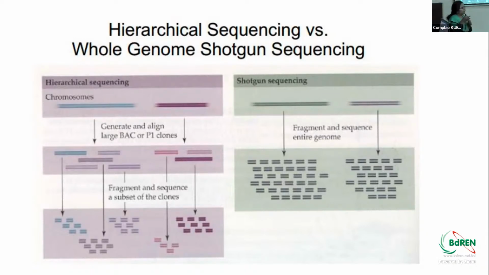We could keep track of the chromosomes and the scaffolds. But shotgun sequencing is just chopping the genomic DNA into small fragments, and then it becomes difficult to assemble, right? So the main difficulty was in assembling.